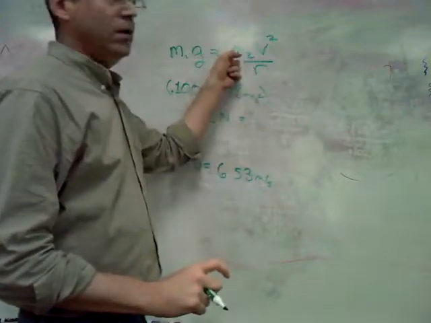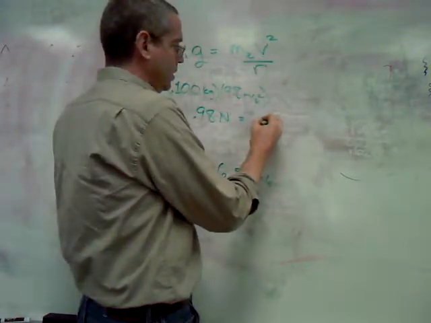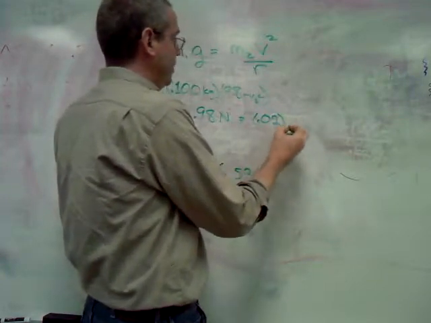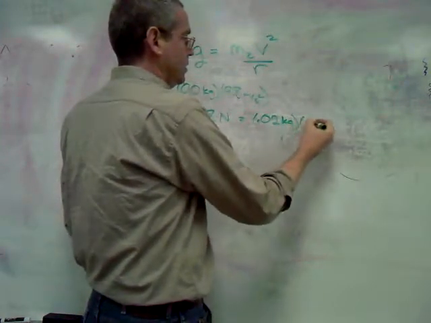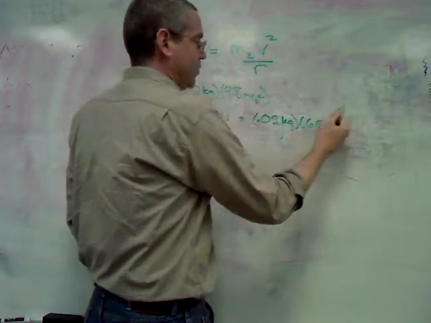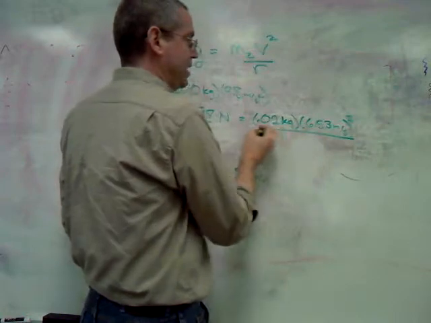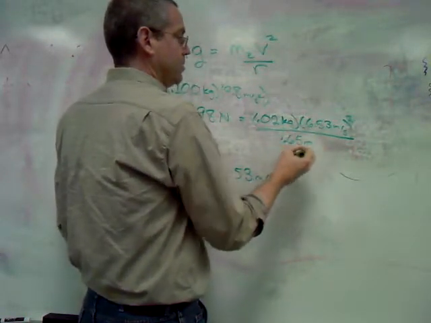Over here, m2v squared over r, that was a 20 gram or 0.02 kilogram mass. Let's stick in the units. Times my speed, which is 6.53 meters per second, squaring the whole thing, divided by my radius, which was 0.65 meters.